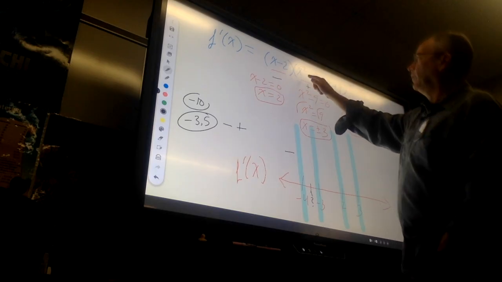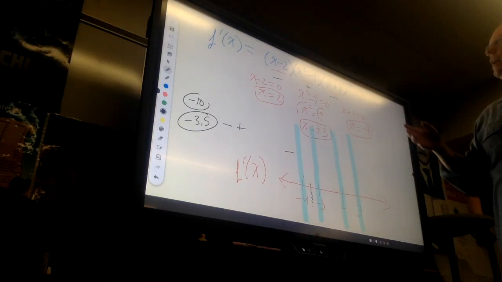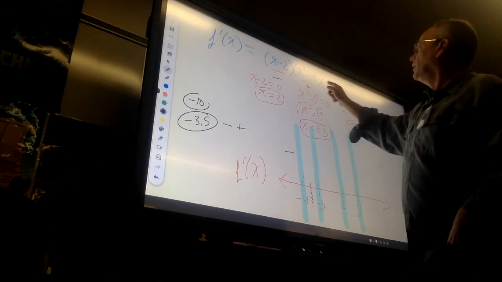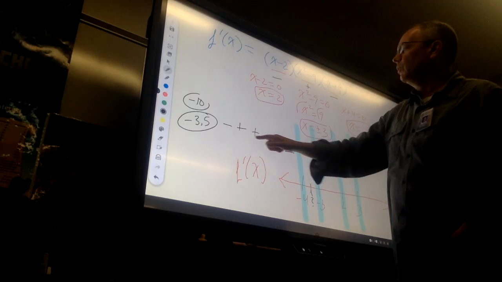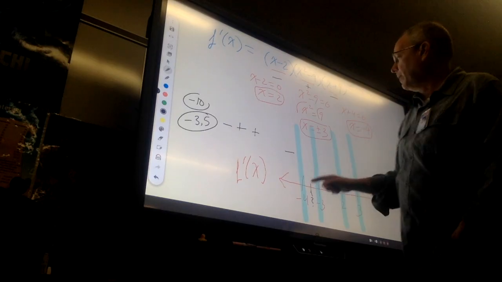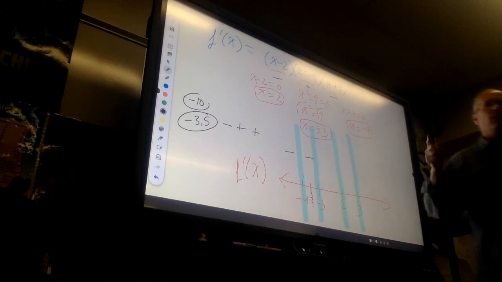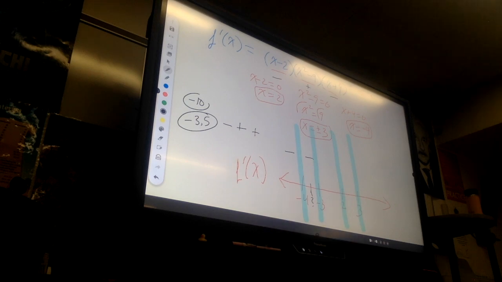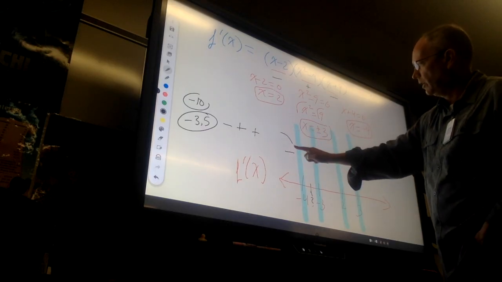If I do a negative 3.5 here, negative 3.5 quantity squared is bigger than 9, so that would be a positive value. And then negative 3.5 here is a positive value as well. Negative times positive is a negative. So that basically means at negative 4, something called a point of inflection is taking place. It's going to be coming down in a negative, it's going to flatten out, and then it's going to keep going down negative.